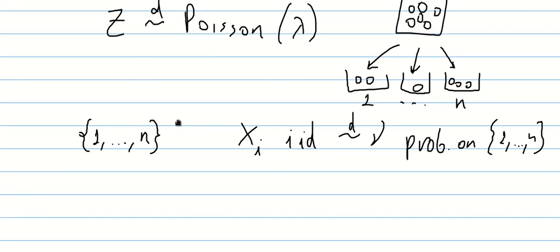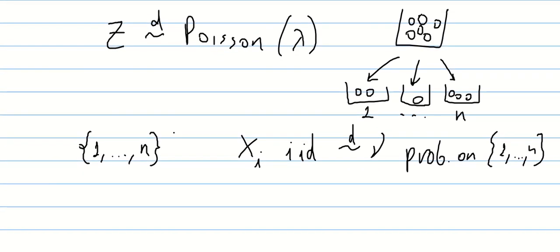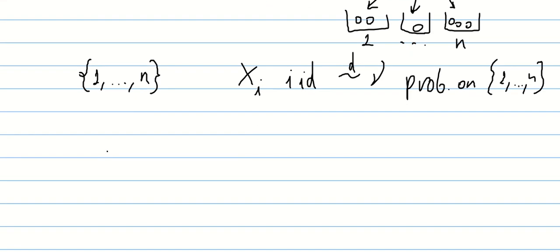So for this we need to define a bit better what the random variables are. We have y1 up to yn. These are going to be the number of balls in bins 1 to n, where yj is just the sum for i from 1 to z.